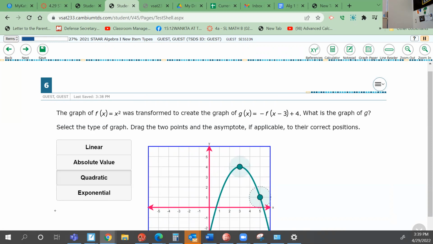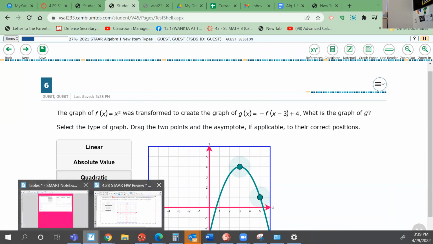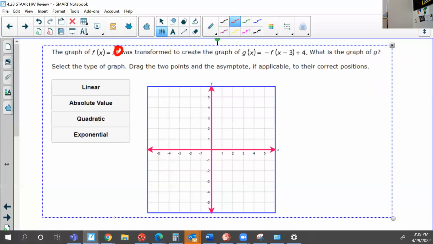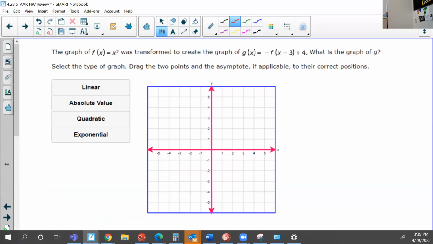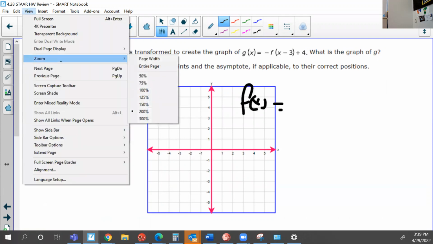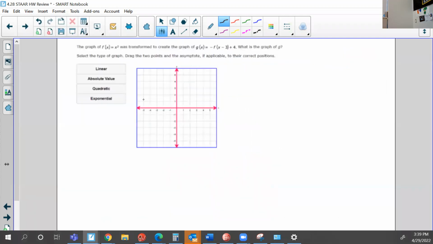So this second point now, we're going to figure out, is it in the right place? If it's not in the right place, it's not correct. And how do you figure that out? Let's go back and look at this transformation. The parent graph is f of x equals x squared.